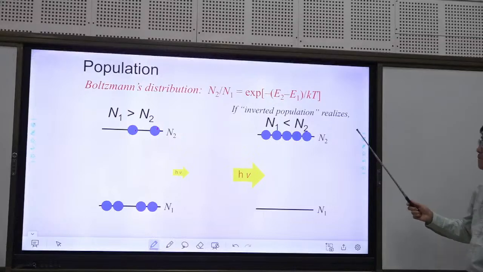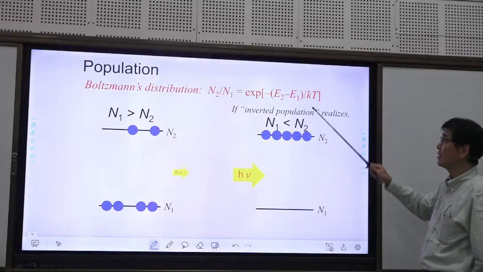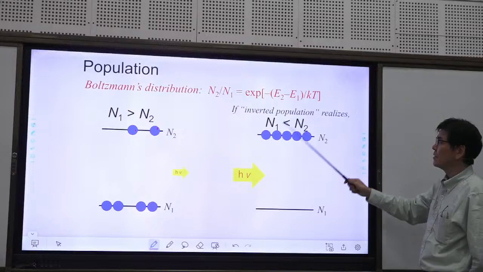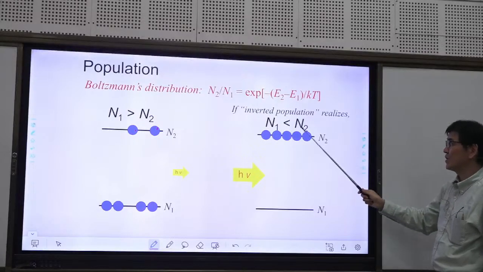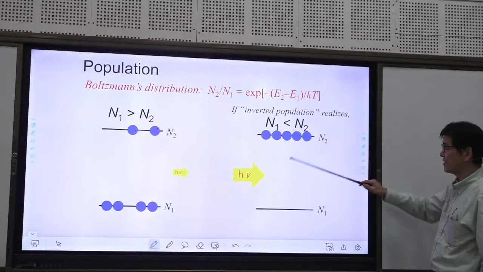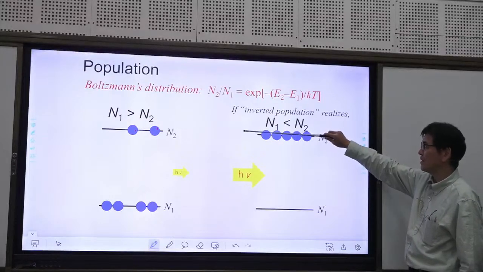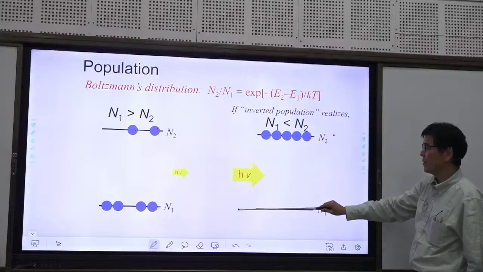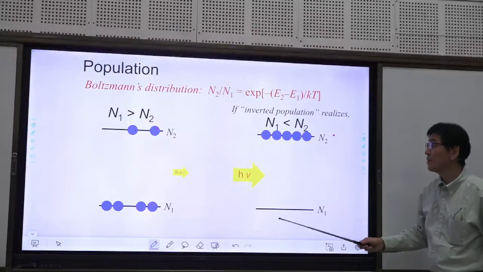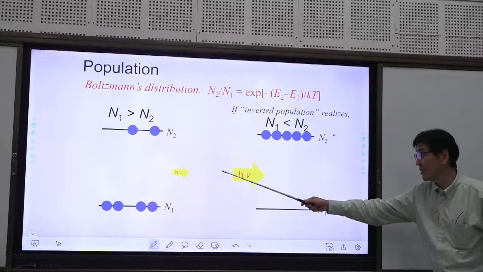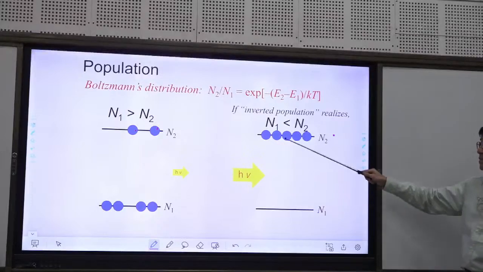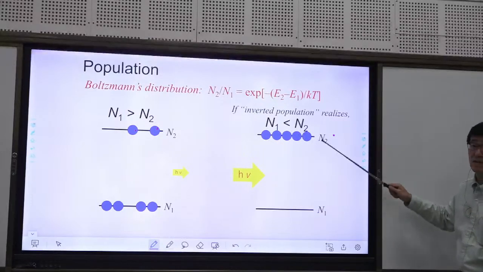And if an inverted population is realized, that is, if the population in the upper state is larger than in the lower state, then when we irradiate light, the induced emission process takes place.